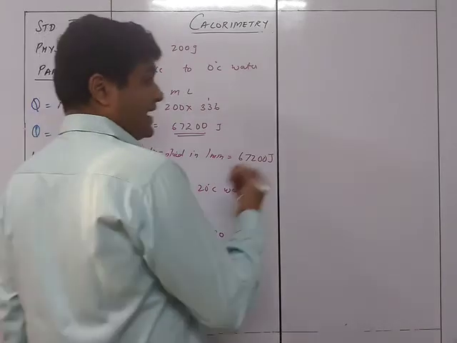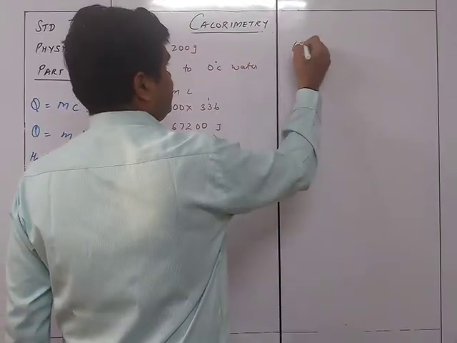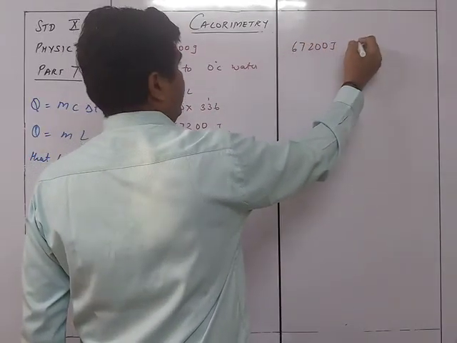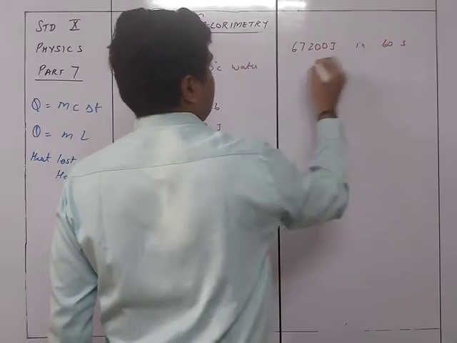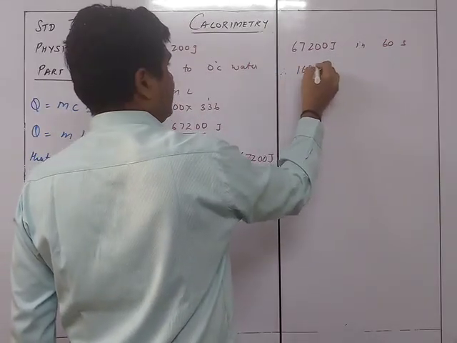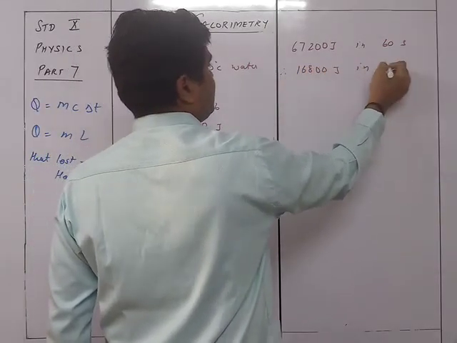So we can just directly do it this way: 67200 joule in 60 seconds, therefore 16800 joule in x seconds.